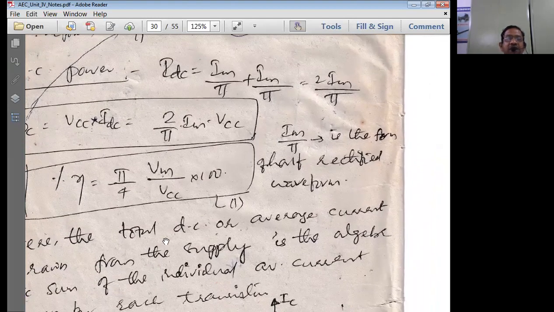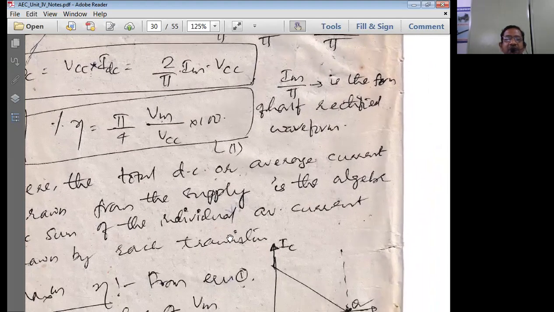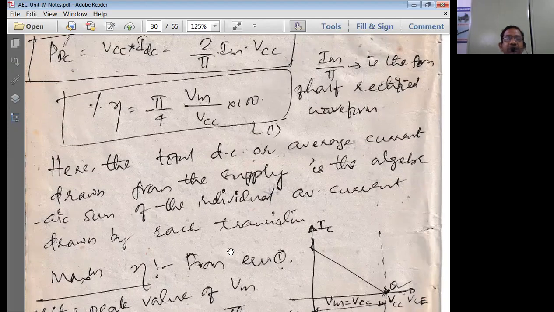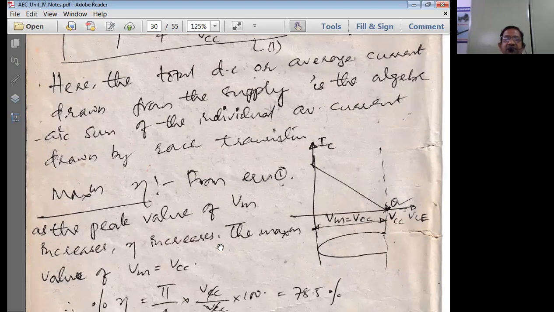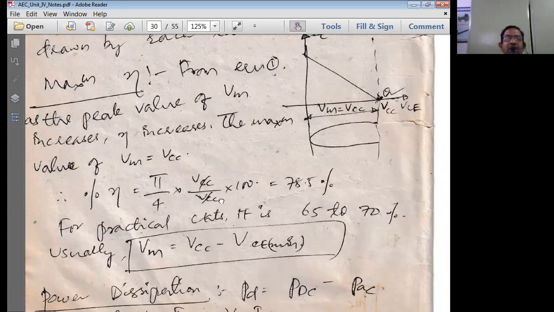So this is the expression for the efficiency of the class B type of power amplifier circuit. Here the total DC current in the circuit is nothing but the current drawn, which is the algebraic sum of the individual average currents drawn by each transistor. That's what we have taken here in the formula.